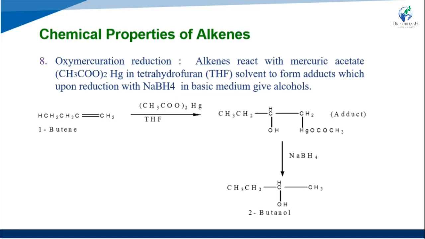So here first we take 1-butene in the presence of mercuric acetate and THF, making one intermediate, that is the adduct, and further reaction is followed with sodium borohydride, making one alcohol, that is butanol.